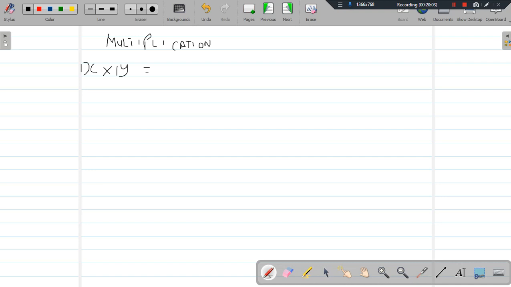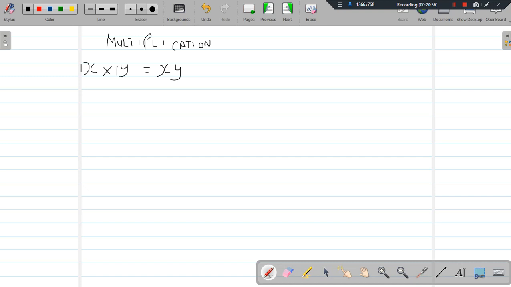So anytime the coefficients are 1 to both variables, then the result is the product of the two variables. So in fact, the answer to this is going to give us xy. So that is what I mean by multiplication of algebra whose variables are different and have coefficients of 1 each.